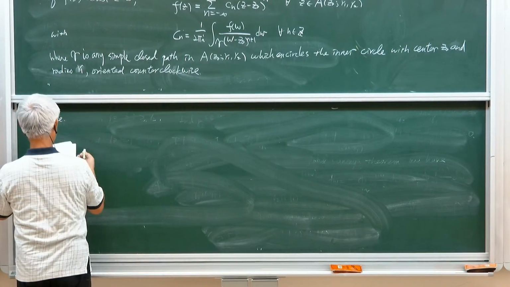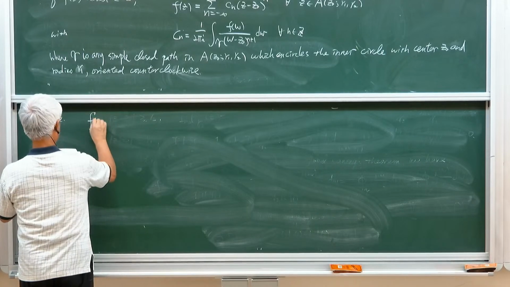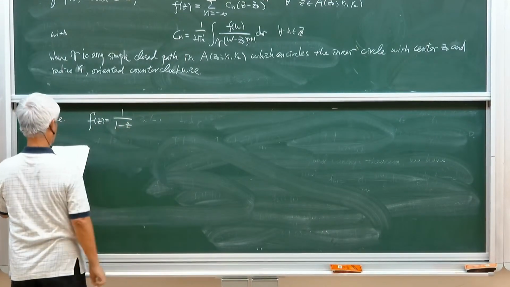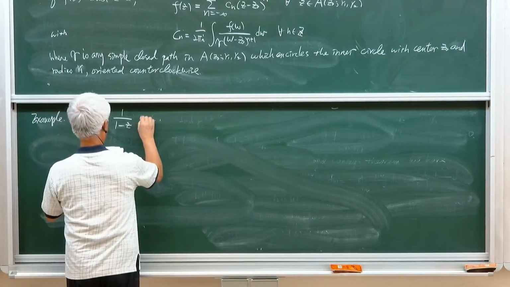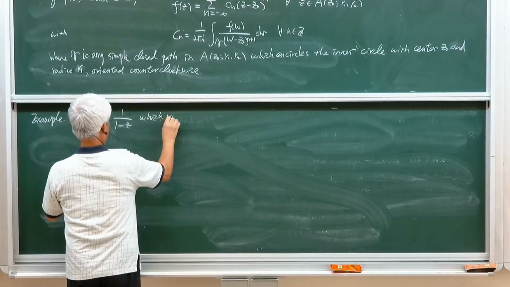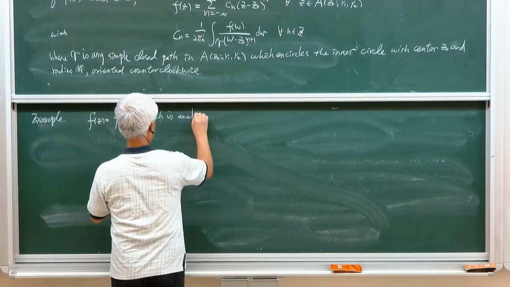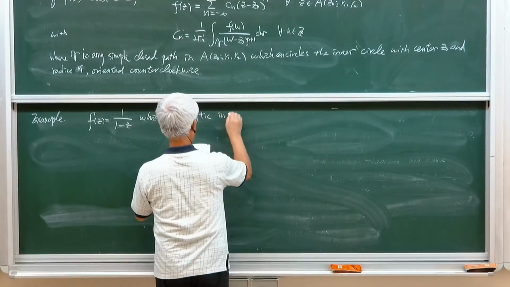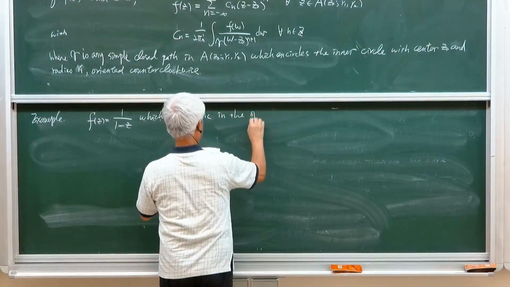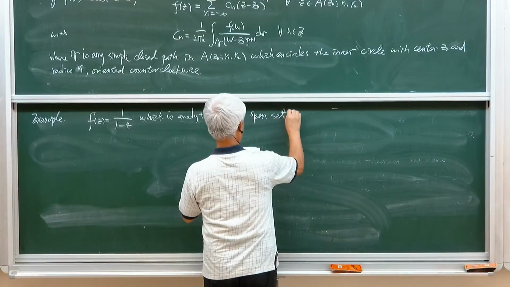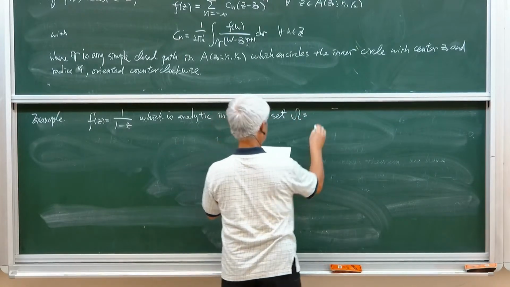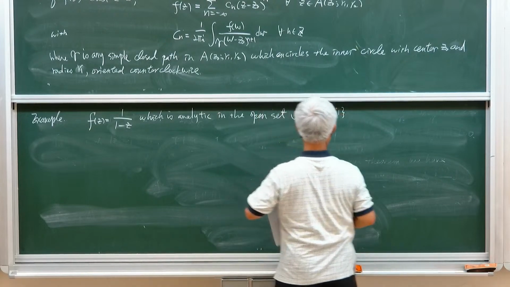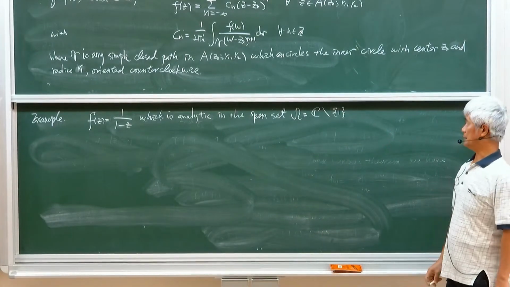So f(z) is equal to 1 over 1 minus z, which is analytic in the open set omega, and omega is just the whole complex plane, but without the point 1.